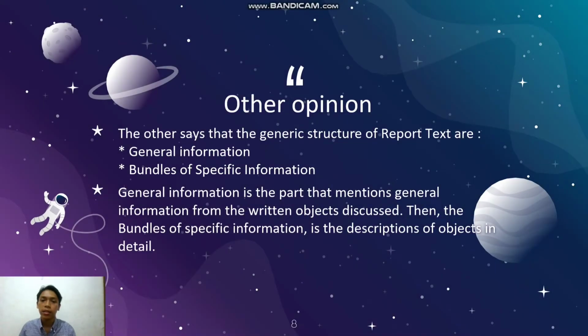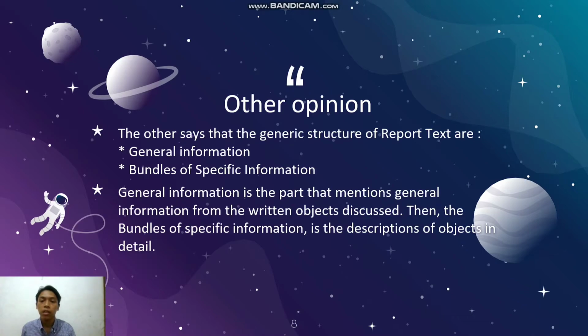Okay, next. There is a different opinion about the structure. Others say that the generic structure of report text is general information and bundles of specific information. General information is the part that mentions general information about the objects discussed.